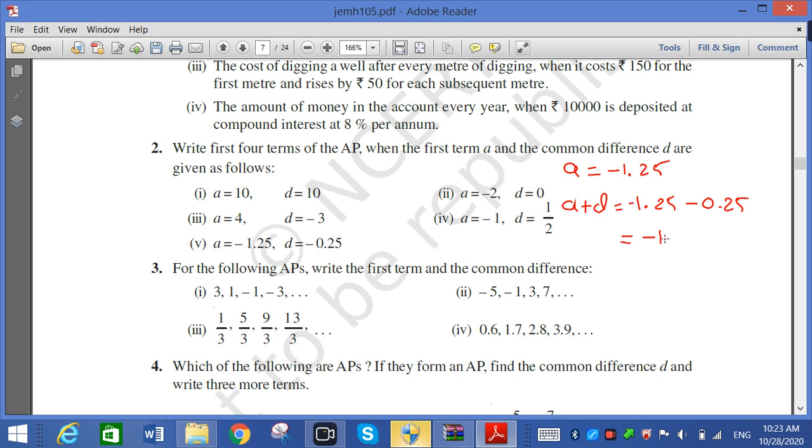So minus 1.5. a plus 2d: therefore minus 1.25 minus 2 into 0.25. So minus 1.25 minus 0.5. So minus 1.75.